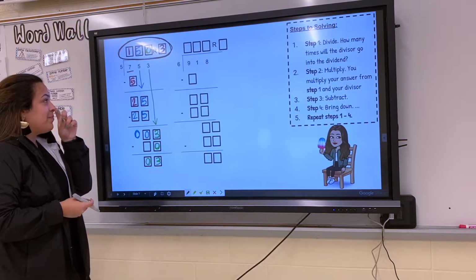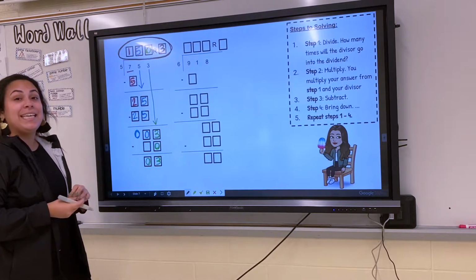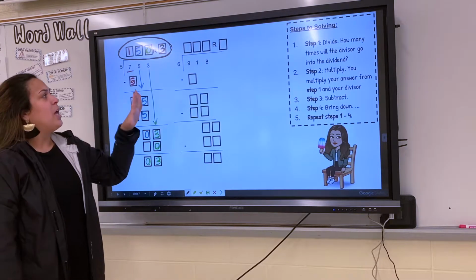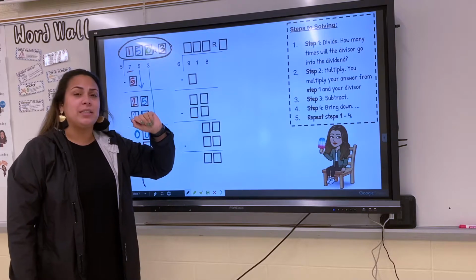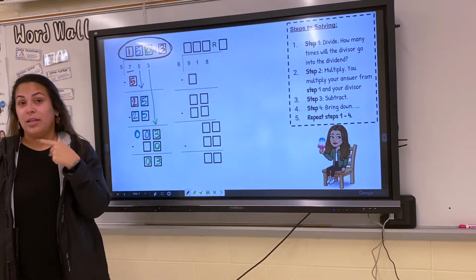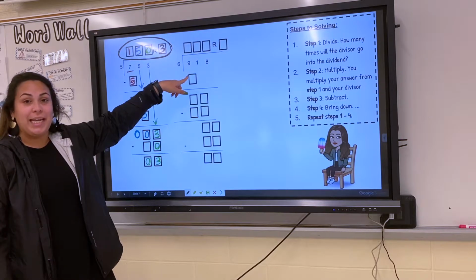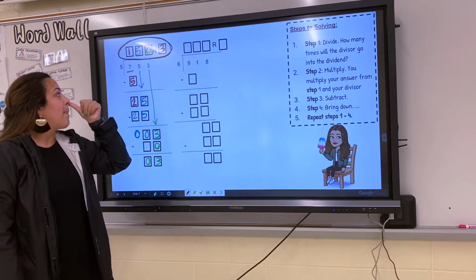All right, next problem. We have 6 and 918. I want to know how many times 6 can go into 918, or another way to say this is I want to divide 918 by 6.